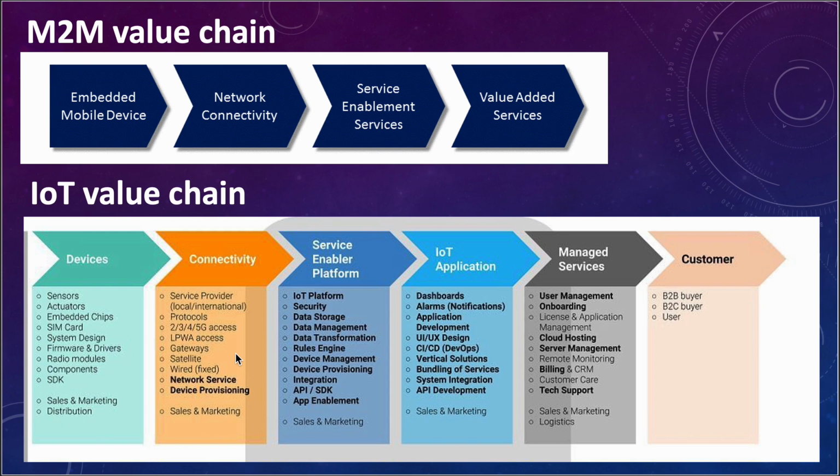Of course, they can provide it as a third party service, or there are services like Starlink available today, wired and everything. Then the network service: the service of the network itself, maintaining that network, maintaining the hardware components, and device provisioning.